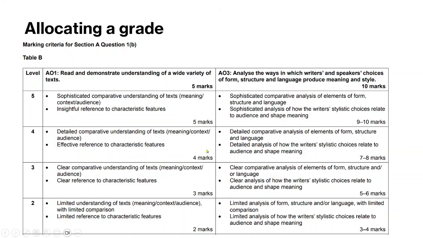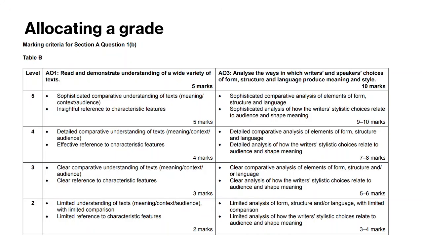So I would allocate a level 3, so maybe a 5 out of 15, and let's say we give the benefit of the doubt, 5 out of 10 for question 1A, 8 out of 10, that would give you a 13 out of 25. I'll allow you guys to figure out what the percentage would be for that very first question. But I definitely think that a 13 out of 25 is what I would allocate for the student.